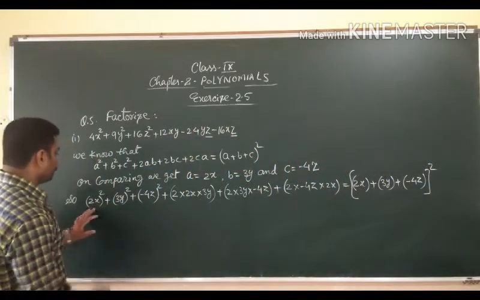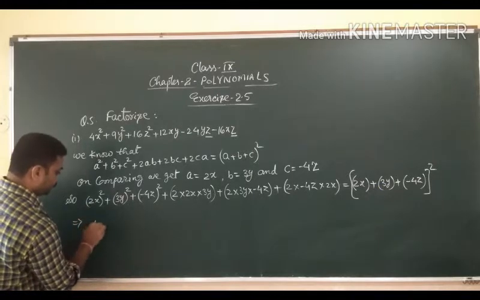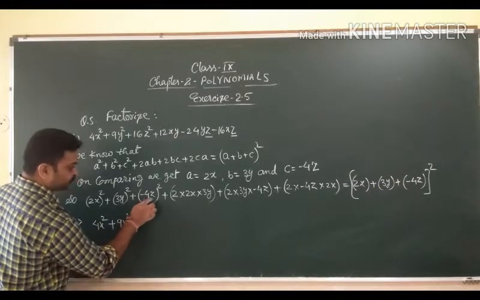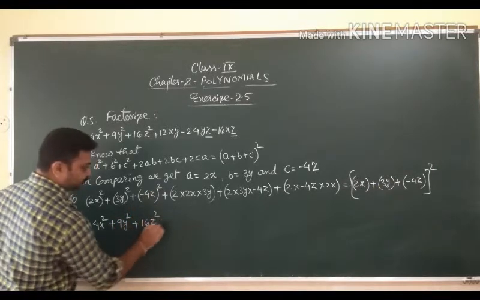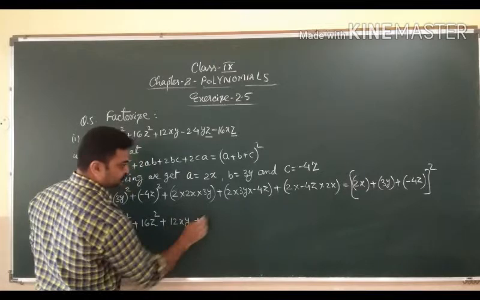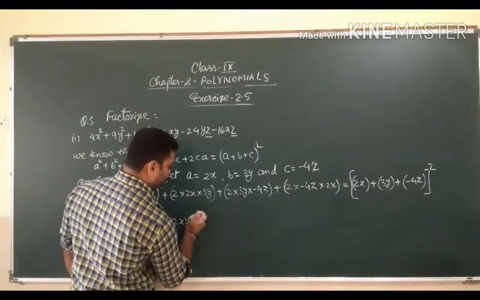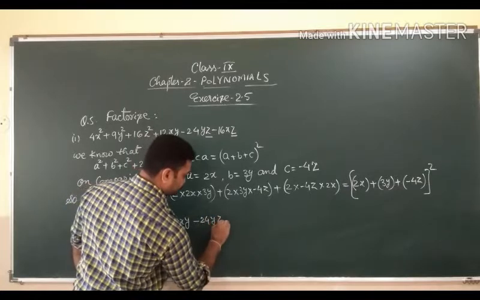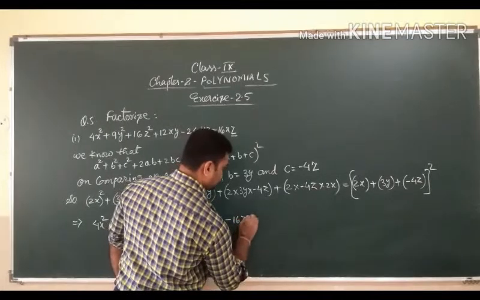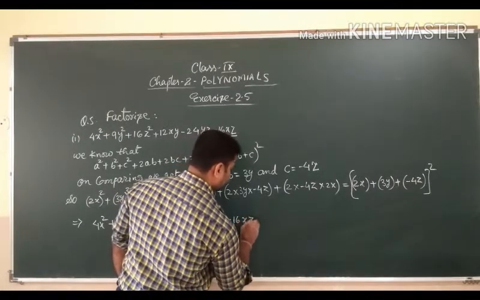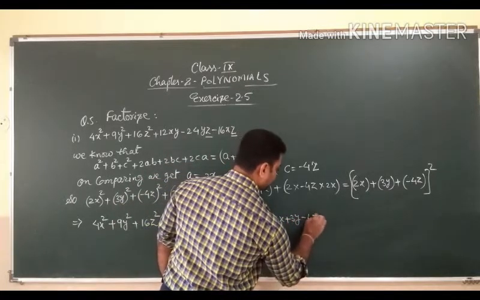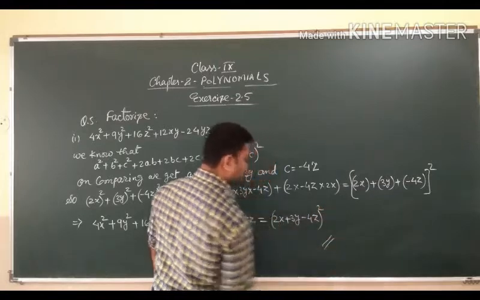Clear? So (2x) whole square, that is 4x square, plus (3y) whole square, that is 9y square, plus (minus 4z) whole square, that is 16z square, plus 2 into 3 is 6, 6 into 2 is 12xy, plus 2 into 3 is 6, 6 into 4 is 24, or minus 24yz, minus 2 into 4 is 8, 8 into 2 is 16zx, or we can write xz. This is equal to (2x plus 3y minus 4z) whole square, which is the answer.